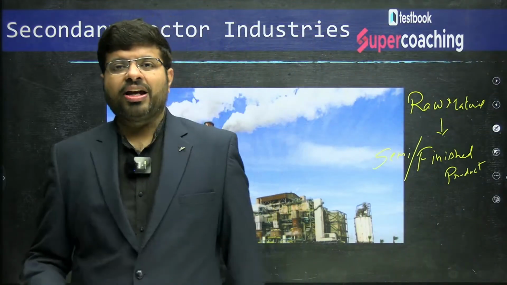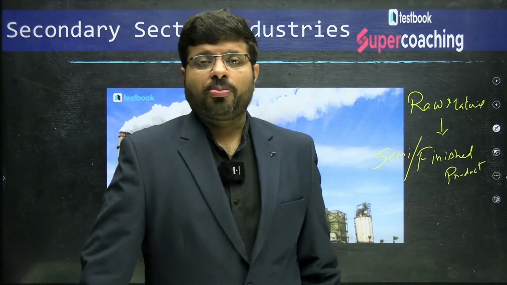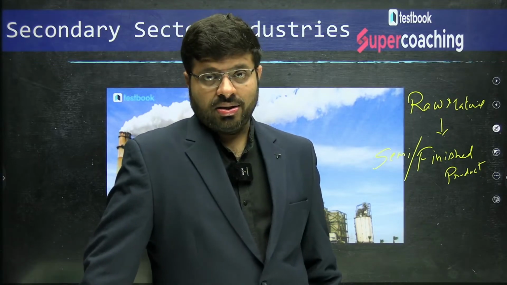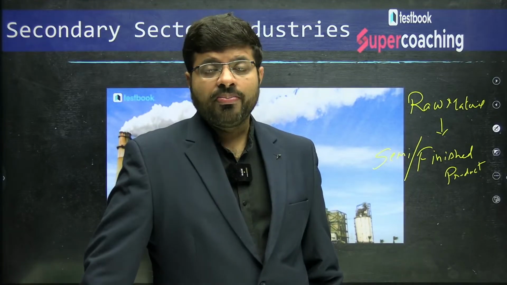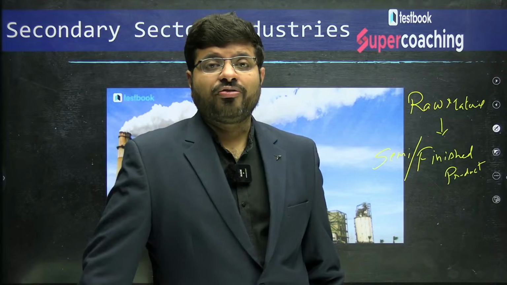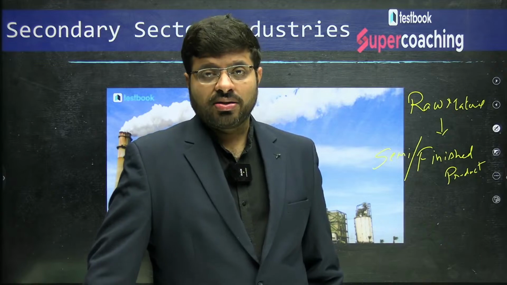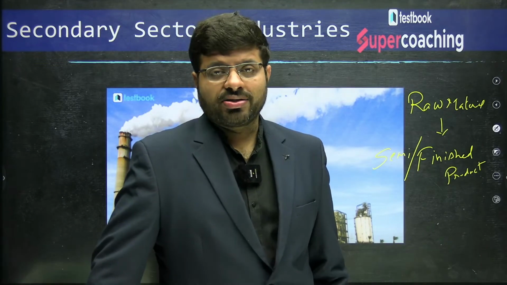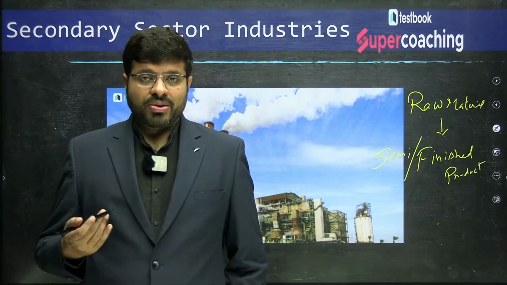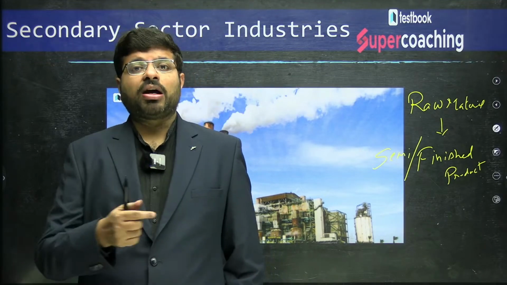For example, in manufacturing of a vehicle, you need raw materials like rubber for the development of tires, you need manufacturing of the glass, you need aluminium for the body, you need iron for the engine and all. So there is manufacturing of multiple things. Leather for the interiors. There are so many raw materials. So for manufacturing of a car, you need multiple raw materials, some processing is needed as per the requirements of the car, and then there is assembling of all these spare products.